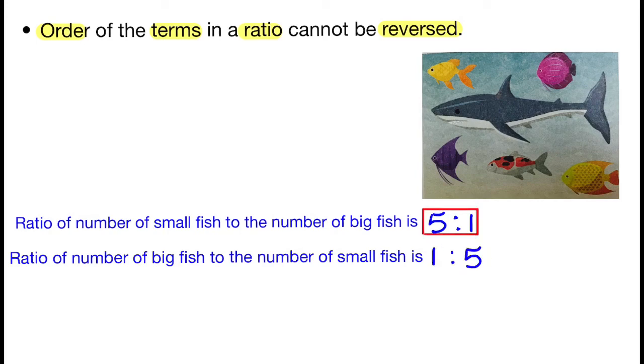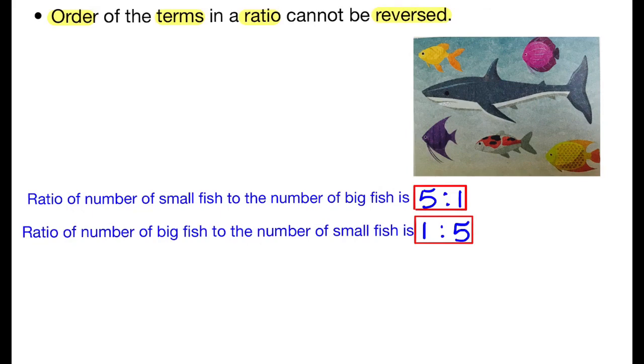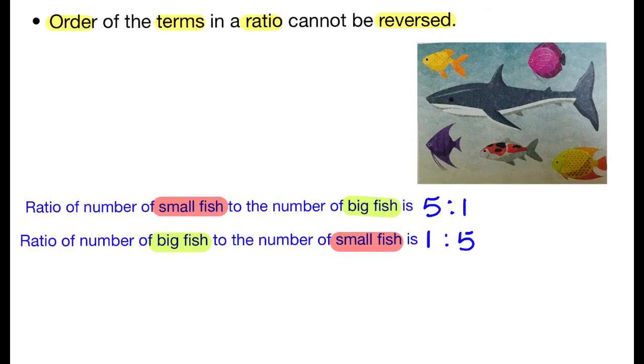Here, the ratios 5:1 and 1:5 are not the same, because 5:1 is the ratio of number of small fish to the number of big fish, and 1:5 is the ratio of number of big fish to the number of small fish. So here the ratio 5:1 cannot be written as 1:5, and the ratio 1:5 cannot be written as 5:1.